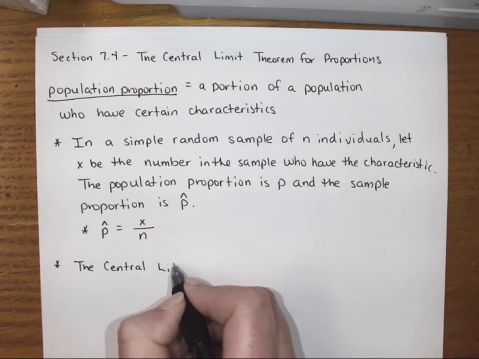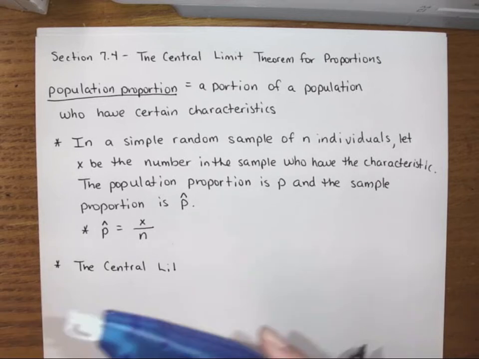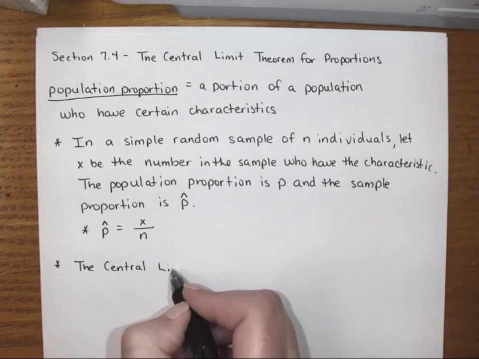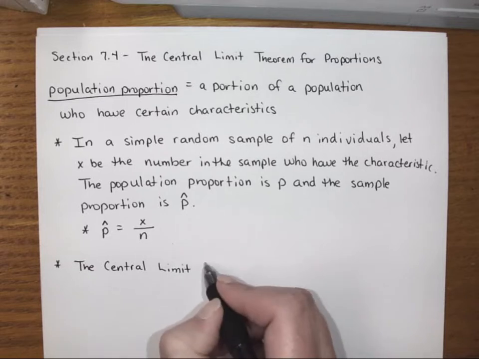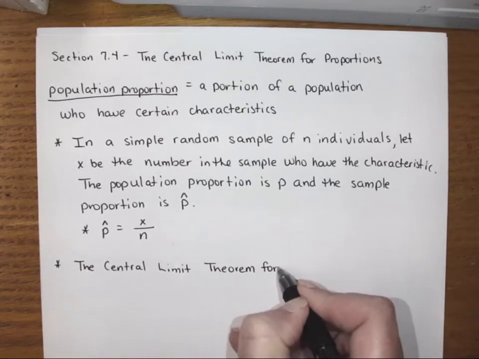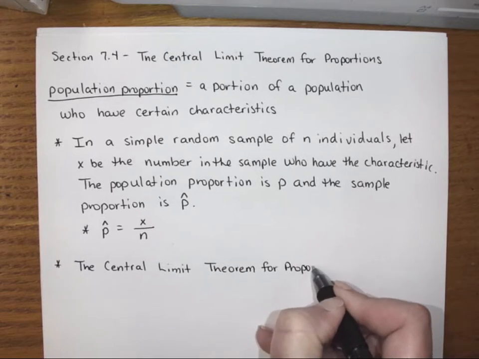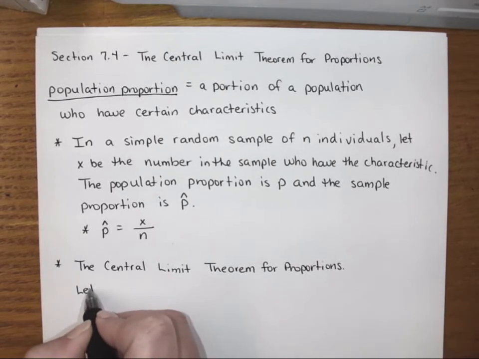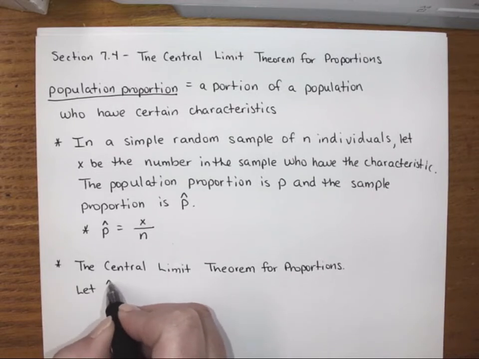So what is the central limit theorem for proportions then? Like, what does it say? What does it mean? And again, the gist of this is going to be when are we allowed to use our bell curve.